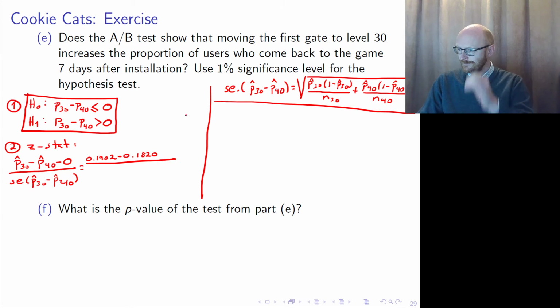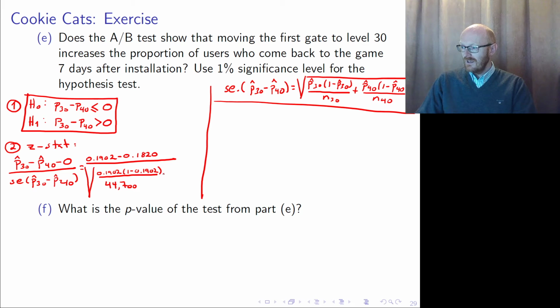So it's 0.1902 times 1 minus 0.1902, divided by the sample size, which is 44,700.